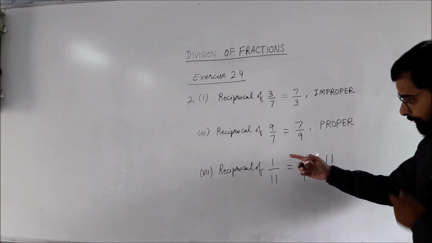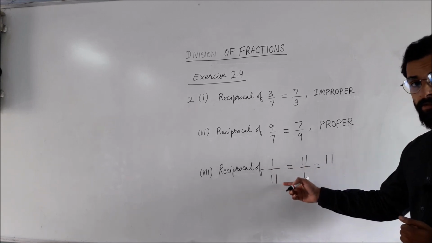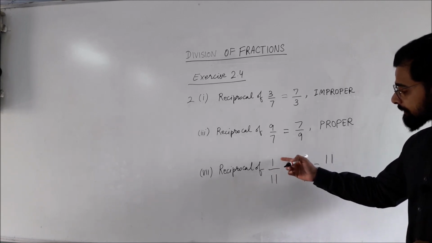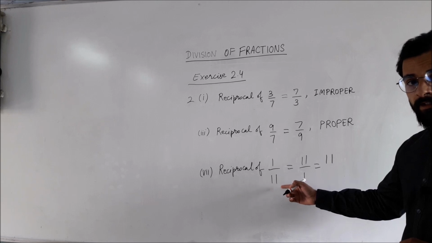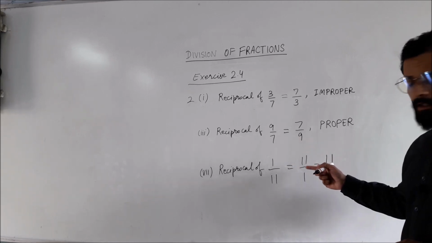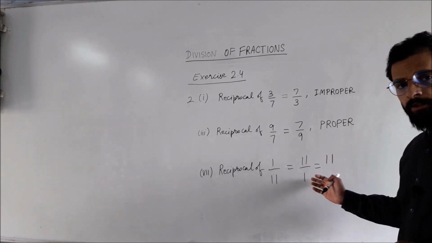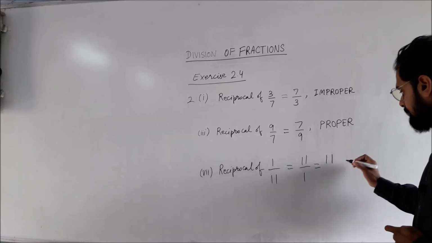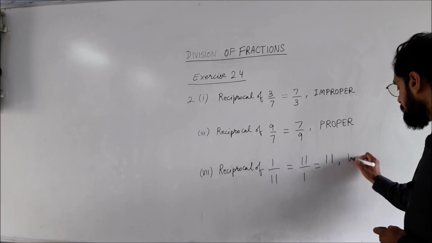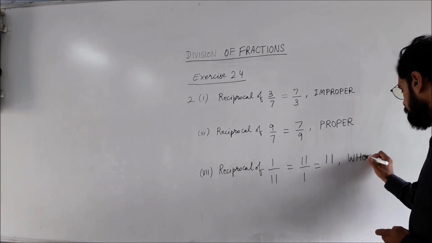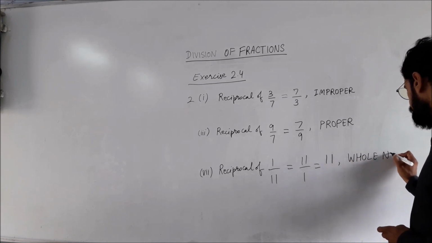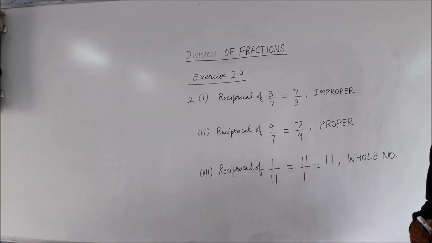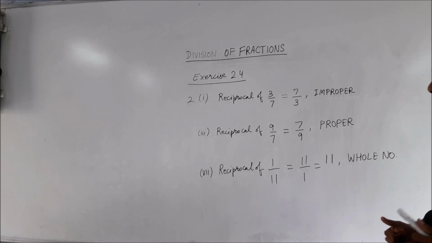So when the numerator is 1 and the denominator is some other number, like in this case 1 over 11, it changes to 11 over 1, and when there is only 1 in the denominator, it means we are writing its numerator only. So 11 is our answer, and 11 is clearly a whole number. Okay, so we have done a few parts of question number 2.